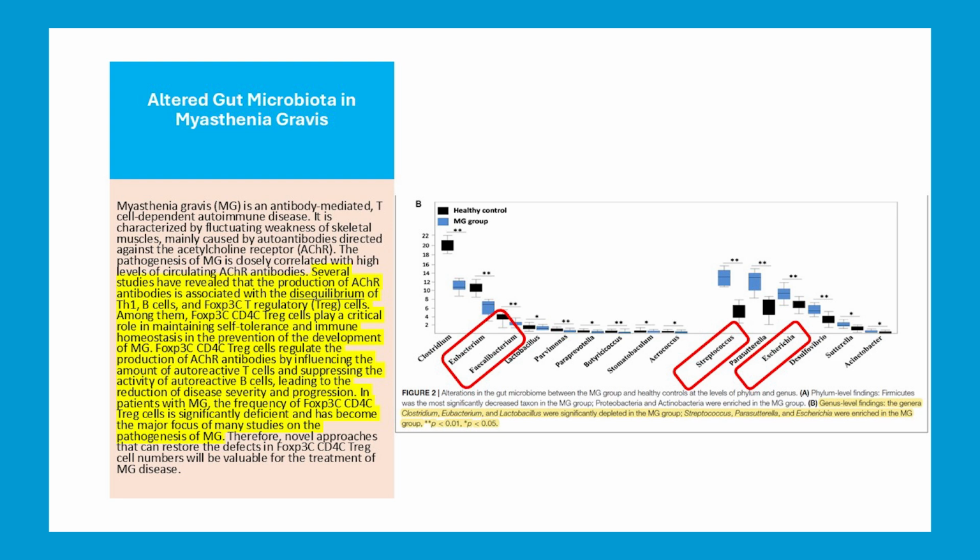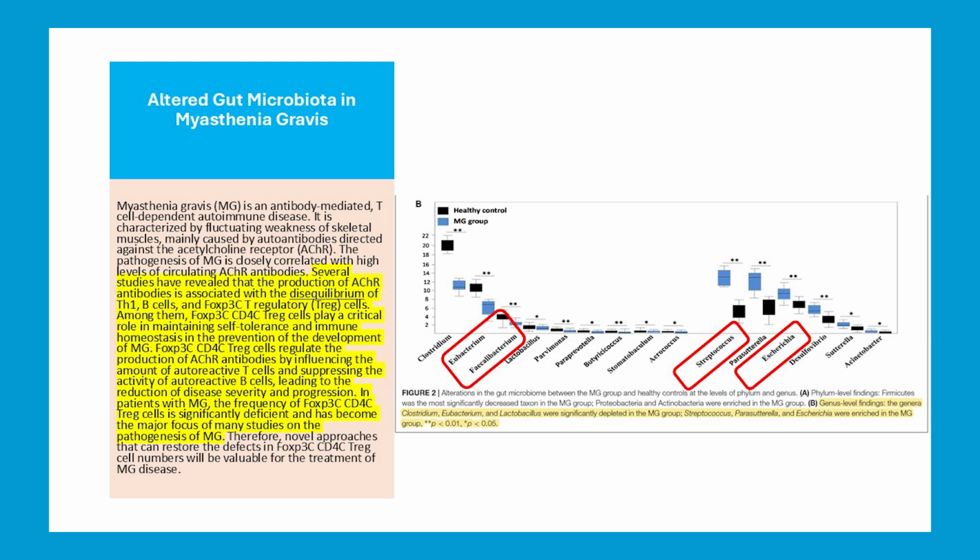First, we'll start with myasthenia gravis, which is an autoimmune disease which attacks the acetylcholine receptors in muscle tissue, resulting in weakness. These authors cite several studies which show that the production of acetylcholine receptor antibodies is associated with an imbalance in what we've been discussing for 2 videos now, a ramped up immune response versus a dampened immune response mediated by the regulatory T cells.